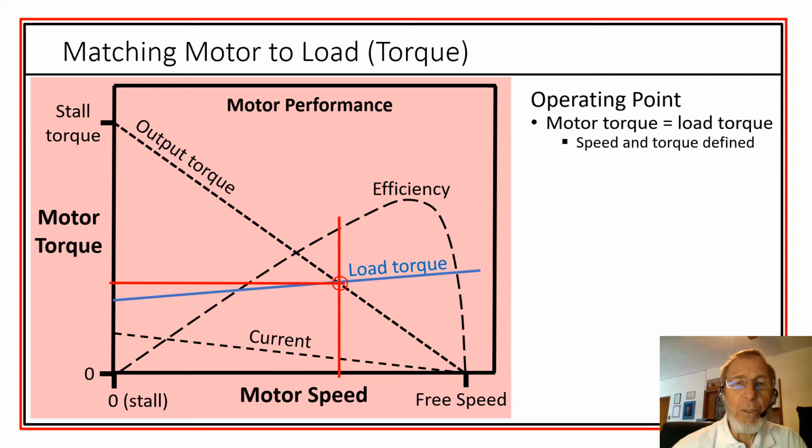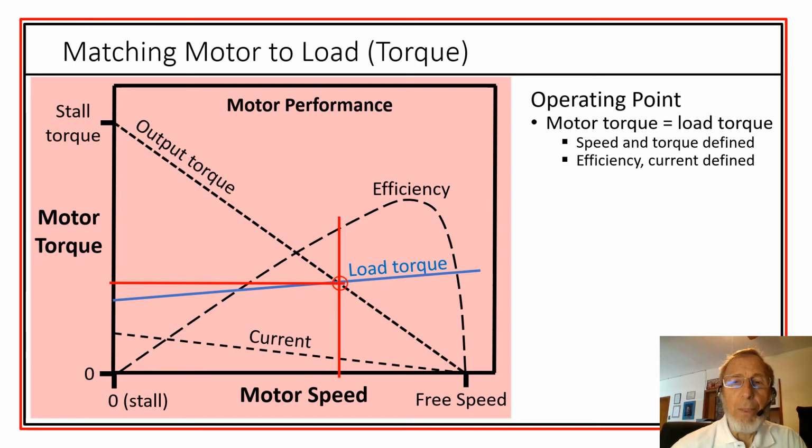That load varies a bit with speed, rotational speed, but the point of intersection between this load torque curve and the output torque curve for the motor defines the operating point for this motor under this load condition.